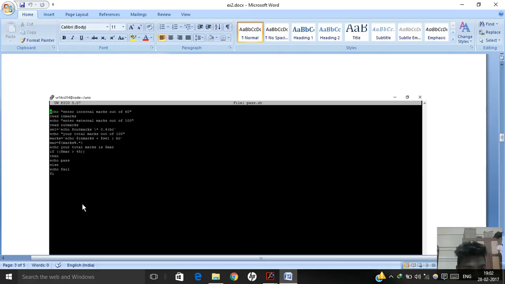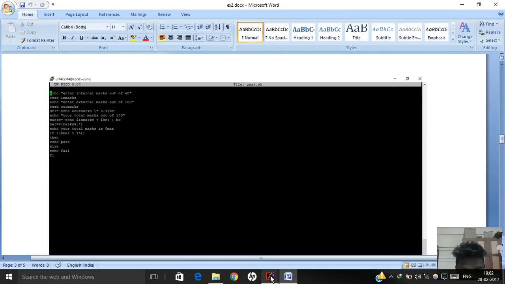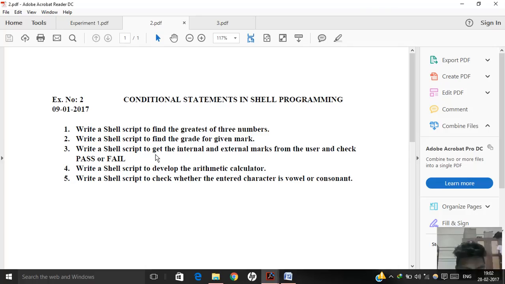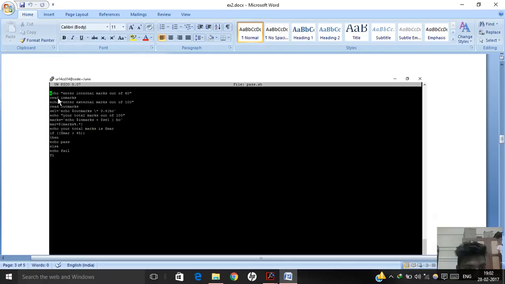Now we can go for the third question, which is about write a shell script to get the internal and external marks from the user and check whether he or she is a pass or fail. So you can see, like the previous question, I have used the same thing: echo enter your internal marks out of 60, then echo out of 100, and then I have used read for inmark and outmark.